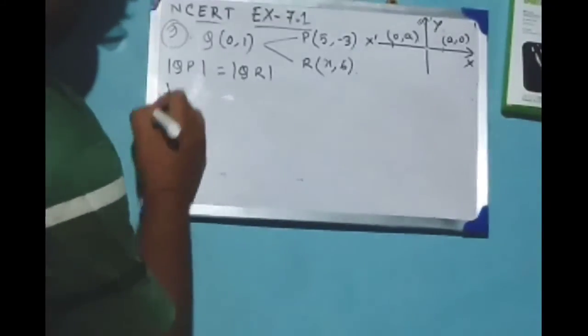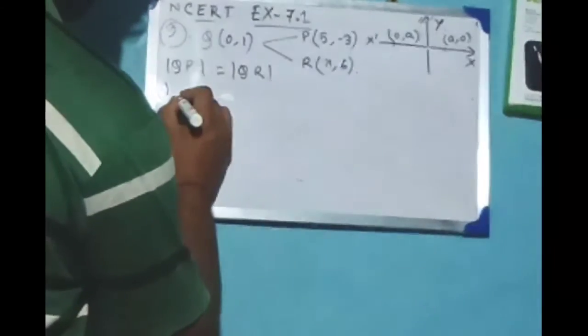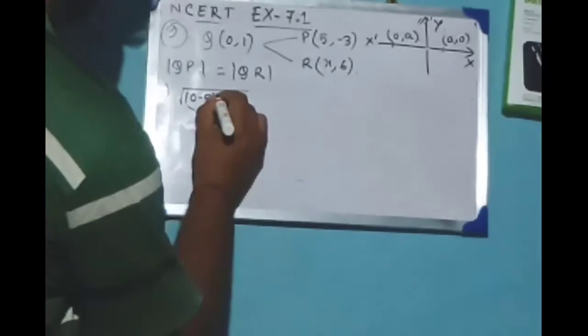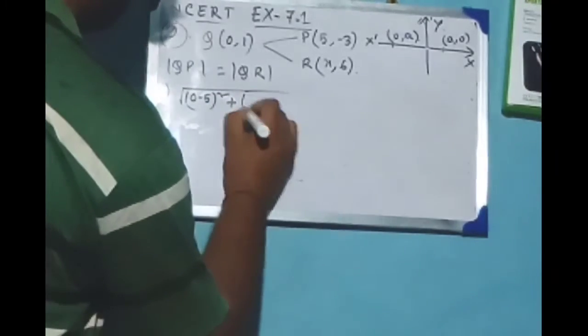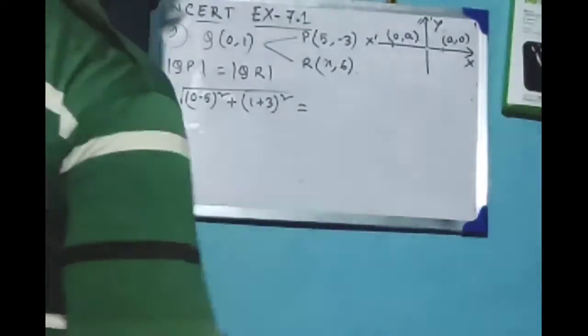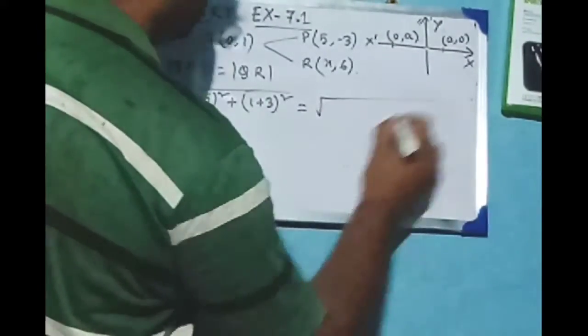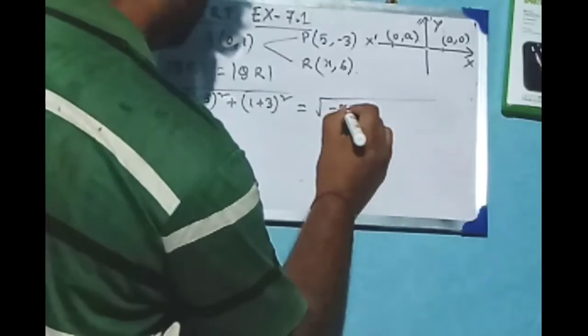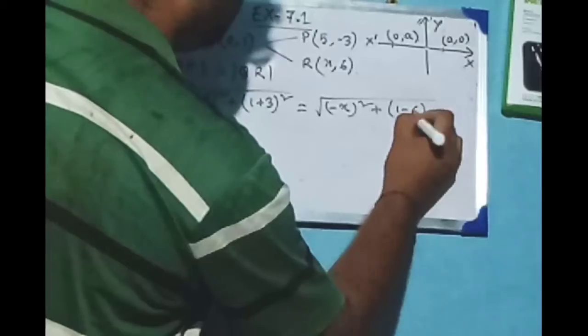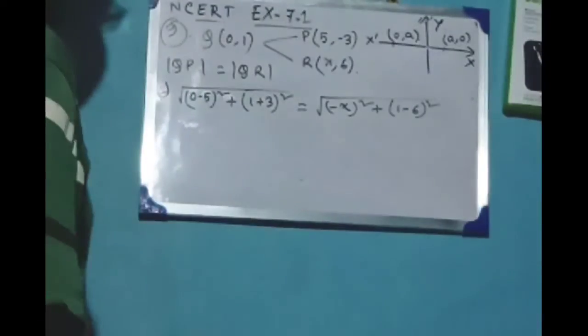So we have to find the value of x. It's a simple question. QP is equal to root under of (0 minus 5) whole square plus (1 plus 3) whole square, that's equal to QR, that equals root under of (0 minus x) whole square plus (1 minus 6) whole square.